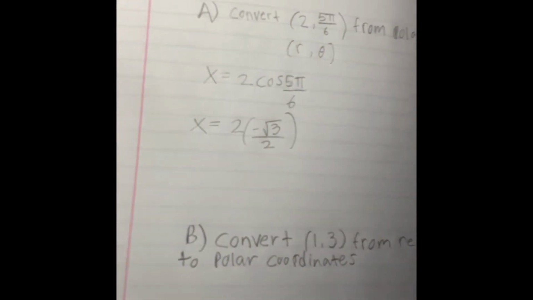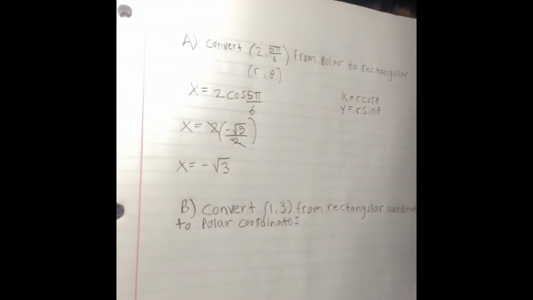So that's what you get. And then to just simplify, the 2's cancel out since you're multiplying by 2 and dividing by 2. So then you just get x is equal to negative root 3. That's what x equals.